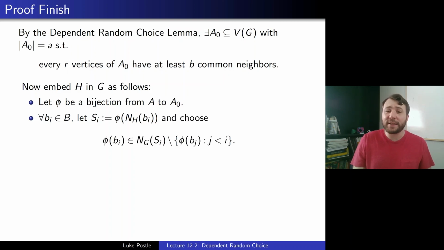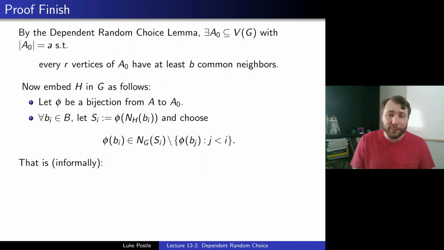I claim we can choose a phi of b_i, an image for b_i, that's in the common neighborhood of all the vertices in S_i. And I'm going to make sure, though, that I don't use any previously embedded vertices' images. So delete phi of b_j, where j is smaller than i.